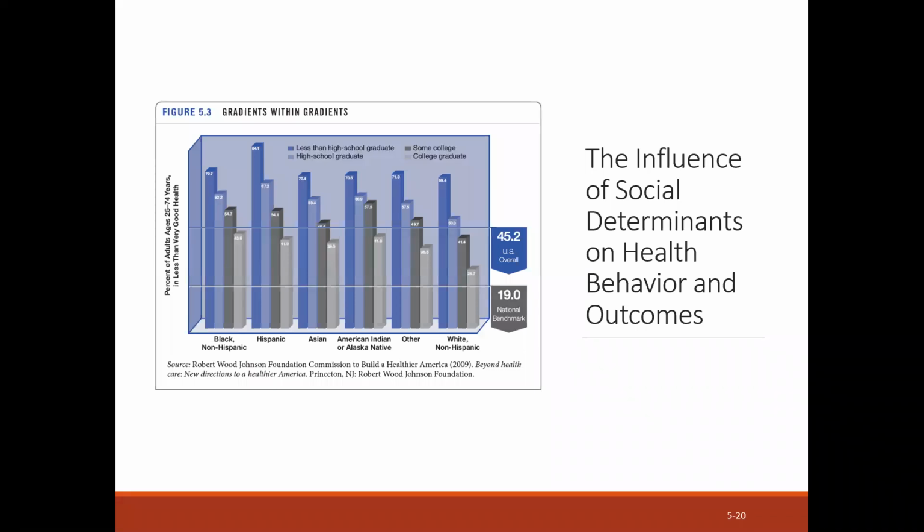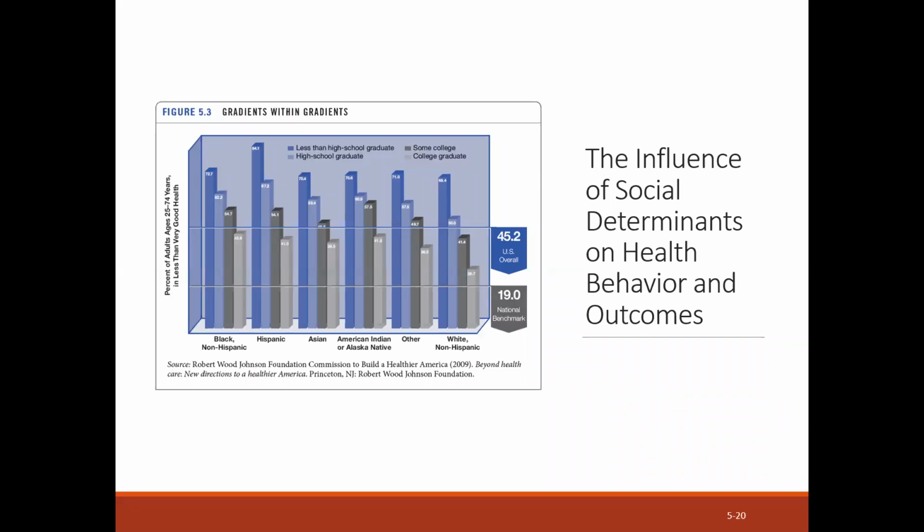Regarding the influence of social determinants on health behavior and outcomes, we look at gradients within gradients when we talk about this from the population health model. You'll see how race impacts the percent of adults ages 25 to 74 in less than very good health. You can see on your screen that those with less than a high school graduation degree tend to have poor health outcomes.